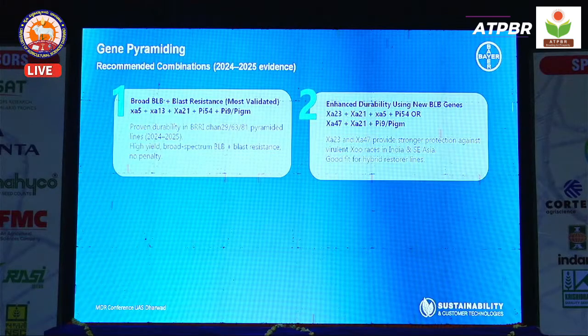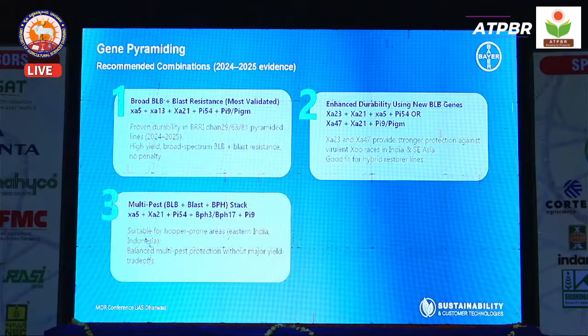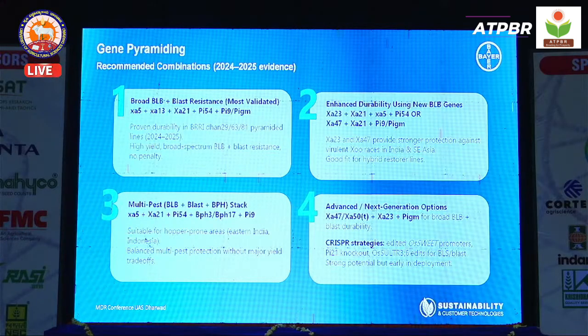The second can be Xa23, Xa21, Xa5 and Pi54, or Xa47, Xa21 and Pi9 for enhanced durability. Then the third is multi-pest, where BLB, BPH, and blast, all three, can be combined in one product. And the fourth will be advanced next-generation options where we can use CRISPR strategies also.